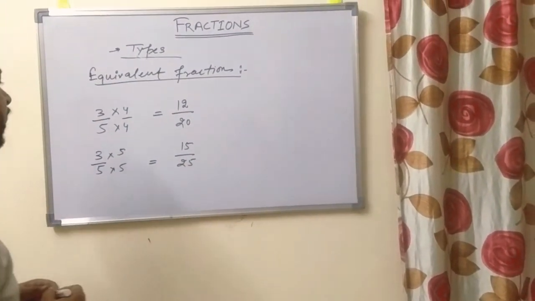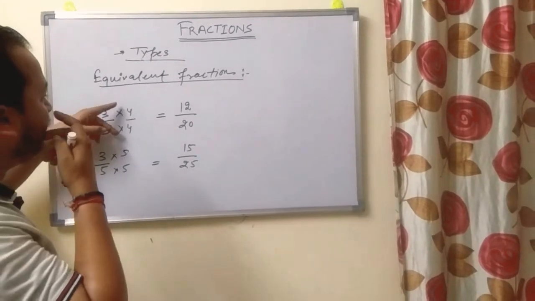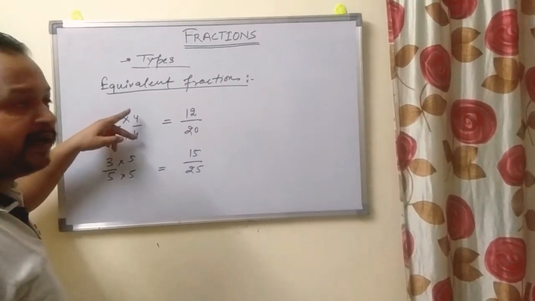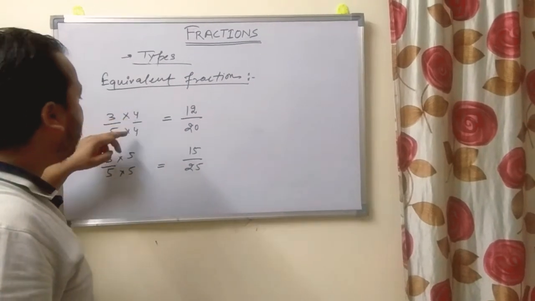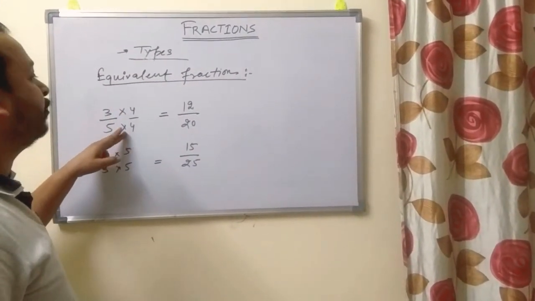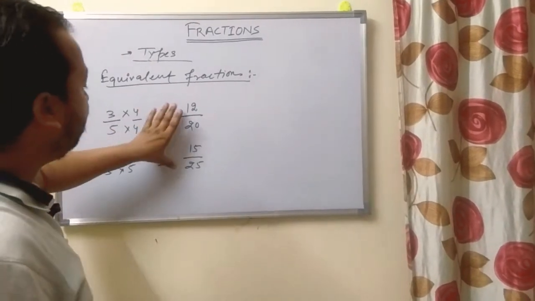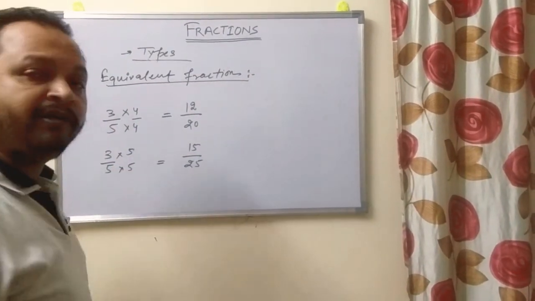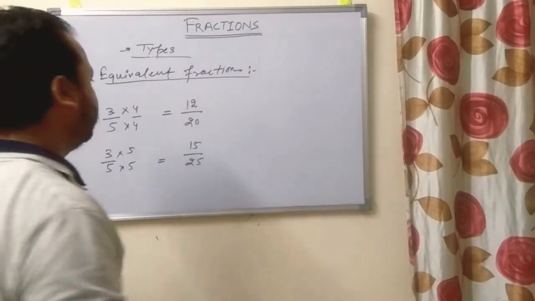So any fraction which can be multiplied by the same number in both numerator and denominator, or divided by the same number in numerator and denominator, those fractions are known as equivalent fractions.